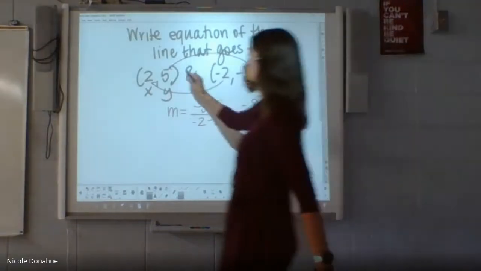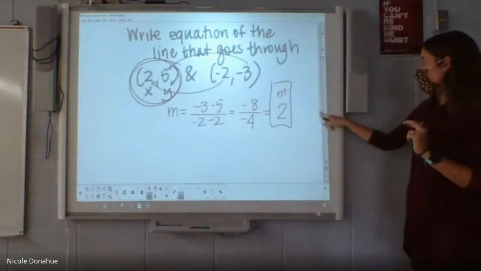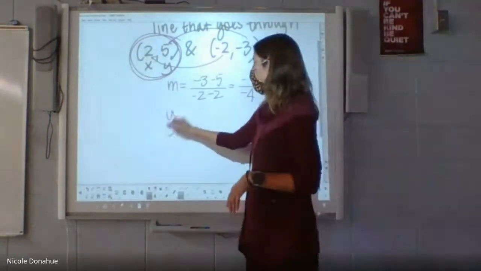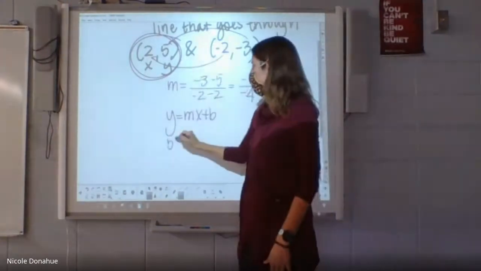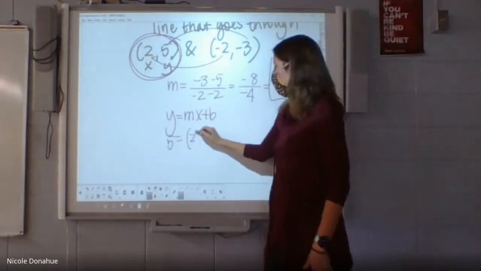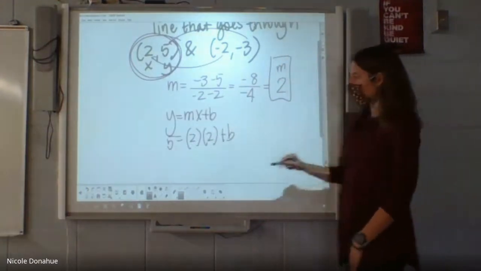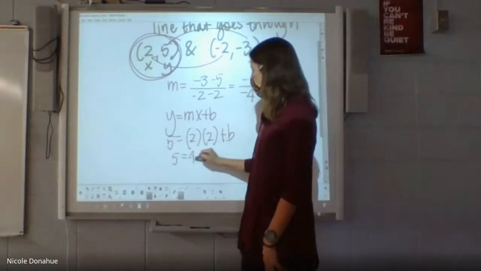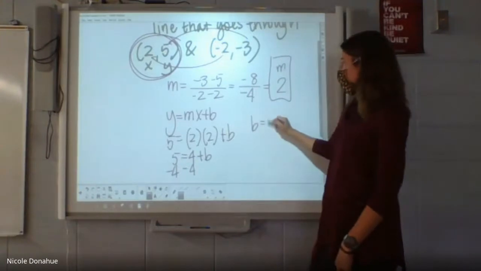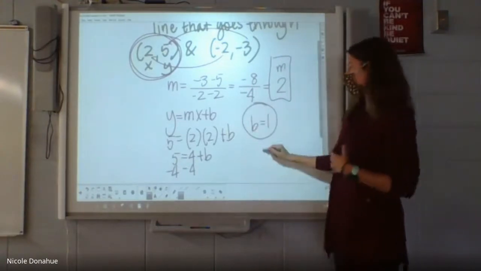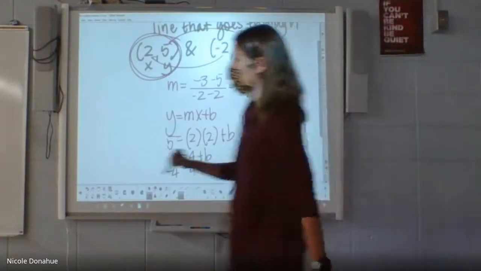Then we're going to pick one of these points to find our b, putting it into y equals mx plus b. y is 5, m is 2, x is also 2, so 2 times 2 is 4, plus our b, so b ends up being 1. Once I have m and b, I have to put it back together again. So there's our equation.